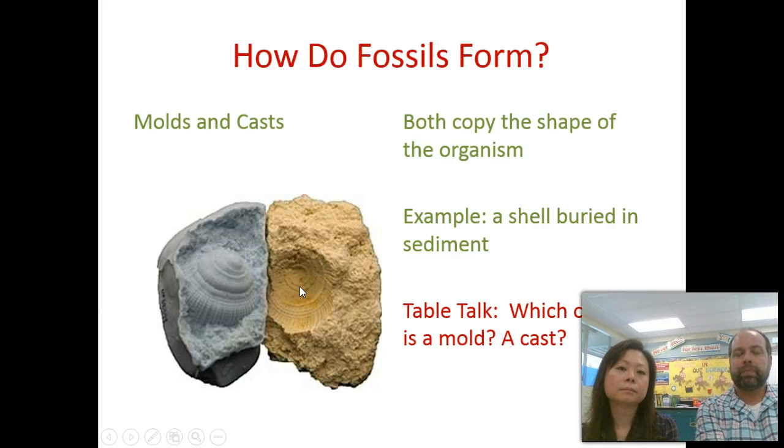So a fossil is evidence of things that have lived in the past. Now, for mold and cast fossils, they have to have some sort of shell or bone, something hard that could be buried and be covered up. Like a worm would just dissolve, and it wouldn't be able to turn into a mold and cast fossil.